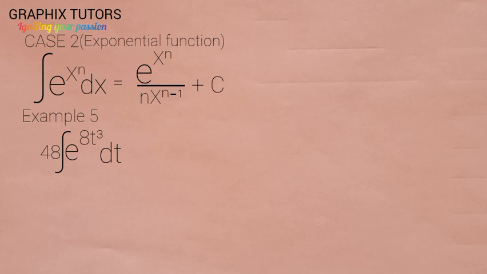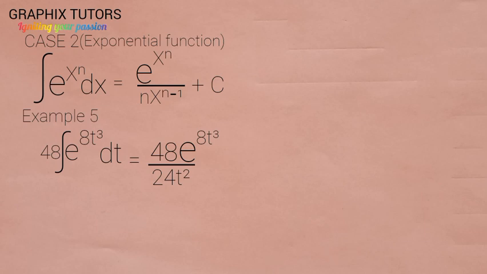Now I will integrate e to the power of 8t cubed. This will give me 48 e to the power of 8t cubed all over the derivative of 8t cubed, which is 24t squared, right? That means you bring the 3 down to multiply the 8 and you subtract 1. So you'll be having 24t squared.